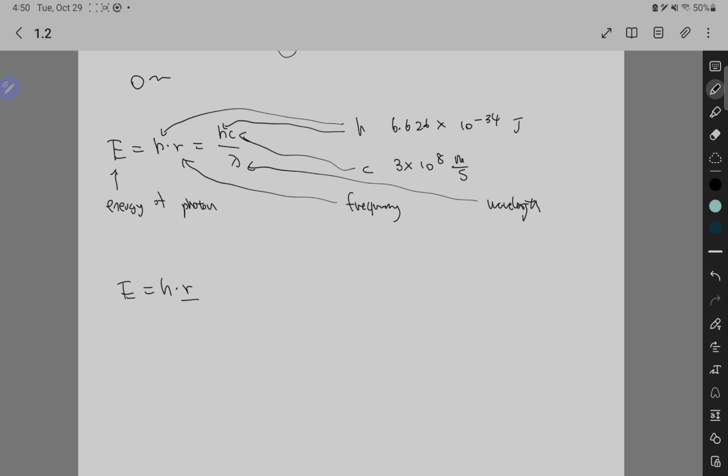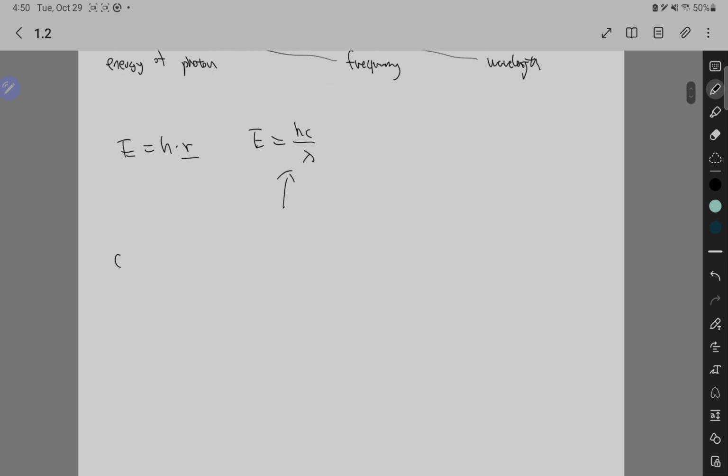We can in fact derive this E equals h c over lambda later. We know the formula c, the speed of light, is equal to lambda times v. What does this mean? It tells us that the speed of light is directly proportional to both the wavelength and the frequency of the particle or the light.